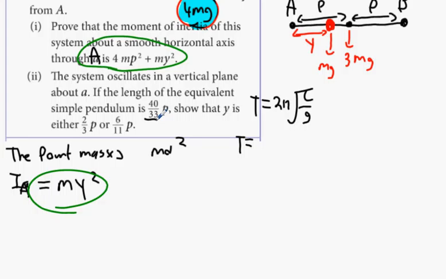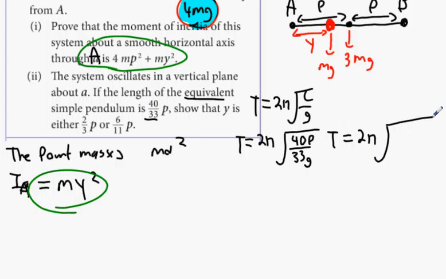So that would mean 2 pi square root of 40 over root 33g on the bottom, p on top. That's going to be my answer for my compound pendulum, because it's equivalent to the simple pendulum of this length. So the periodic time of my compound pendulum has to be that answer there. Therefore, I also write beside this my compound pendulum formula.